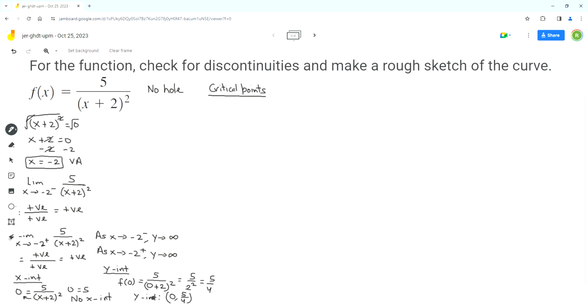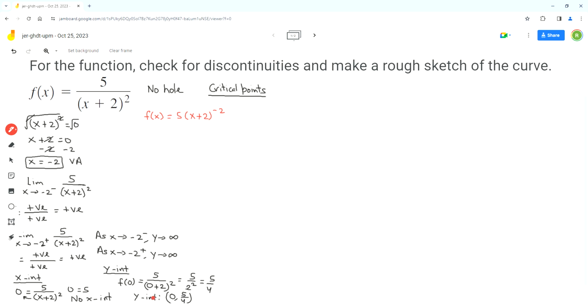To find the derivative, we should move the denominator expression to the numerator, because that will make it easy to find the derivative. So we can rewrite this as f(x) = 5(x + 2)^-2.